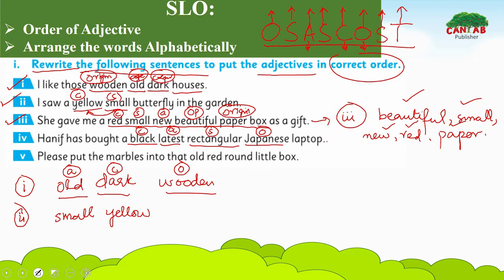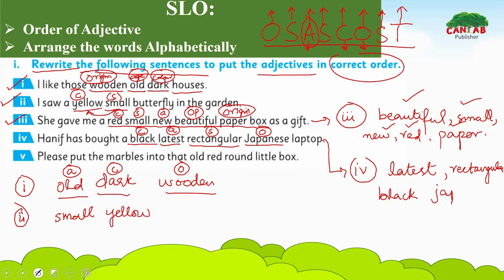So the correct answer is: latest comes first, because latest is age. Then shape, rectangular, then color, black, and after that Japanese, that is the origin.